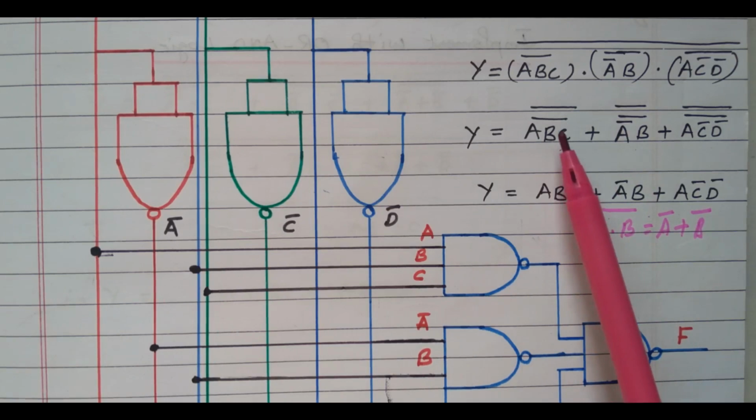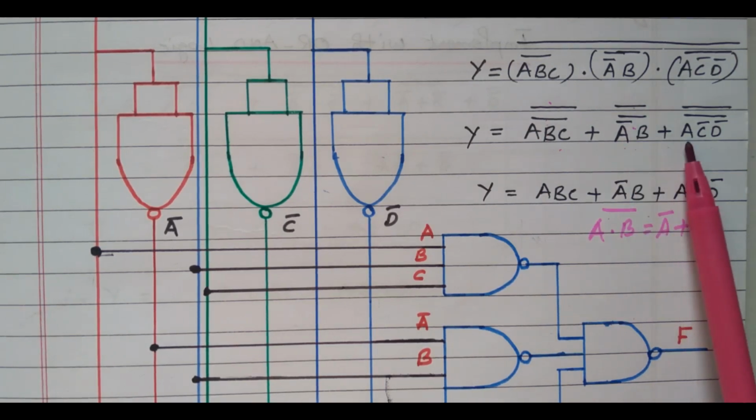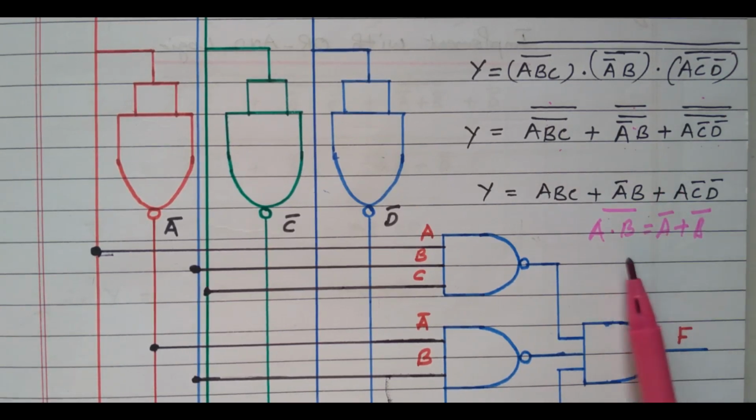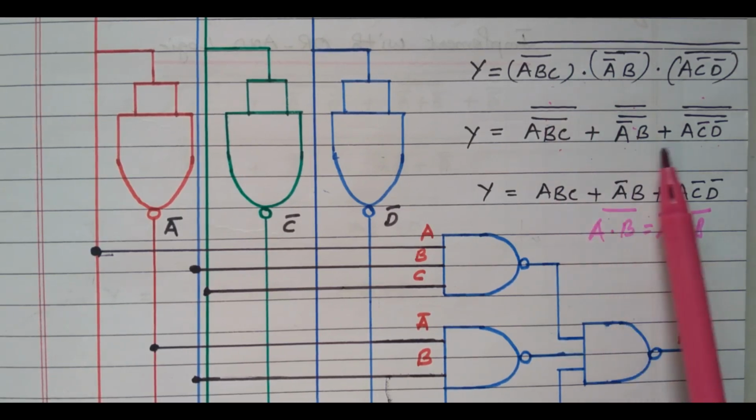So A, B, C whole bar, already one bar is there for the whole bar. Then A bar, B the whole bar already has a bar. Then plus A, C bar, D bar the bar to the whole bar. So now this expression is written like this based on De Morgan's theorem. A dot B becomes A plus B. Here dot is available, now converted into plus.